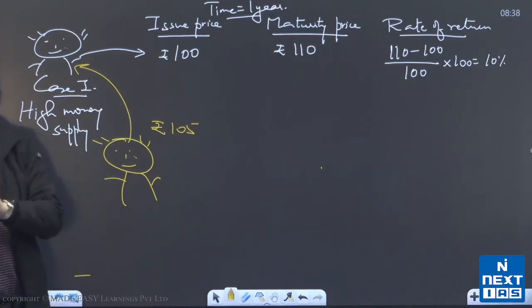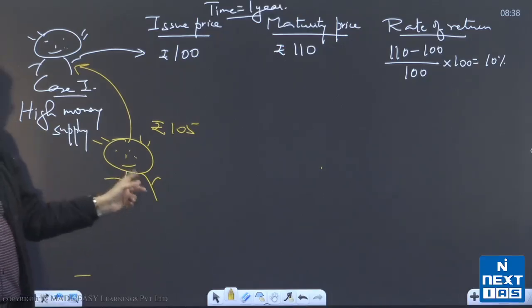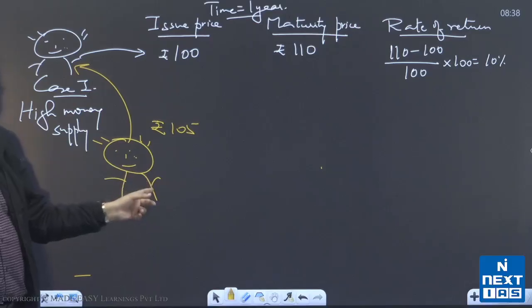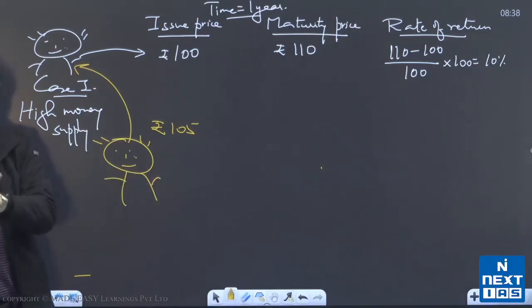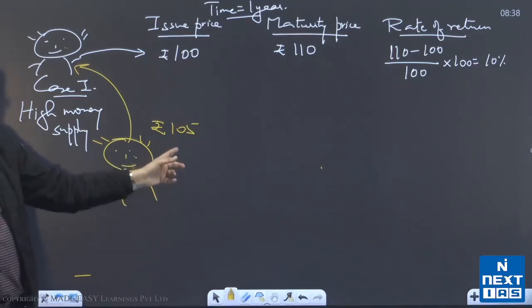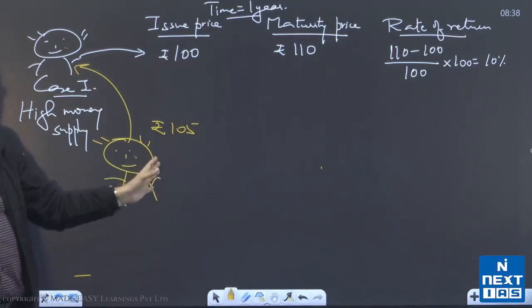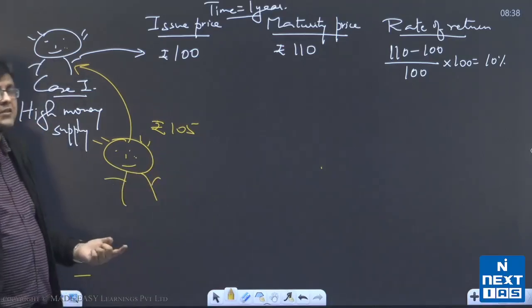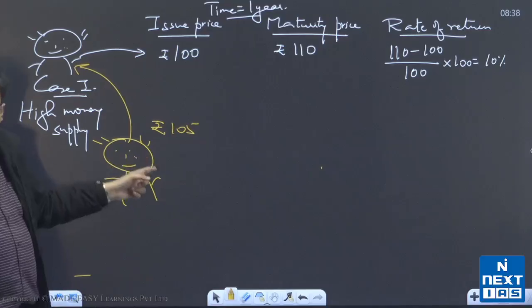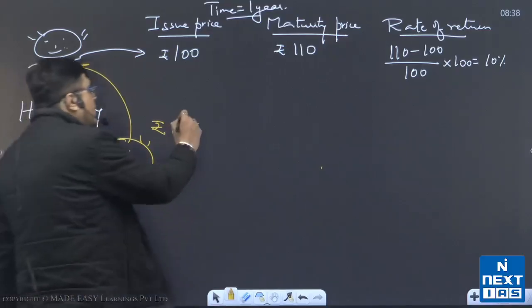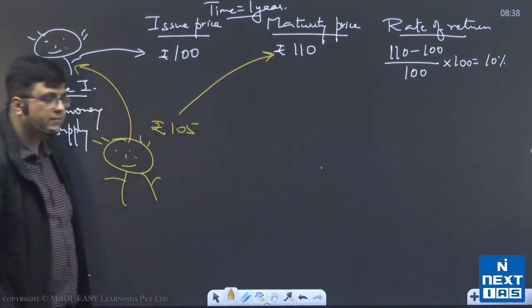But think now, today when this yellow person buys the bond, this person is buying the bond at 105 rupees. Say for 1 year, if this bond remains unsold, if he doesn't sell the bond, then the rate of return this person will get will become lesser, because when this person takes the bond to the issuer of the bond, the issuer will still give 110 only, no?